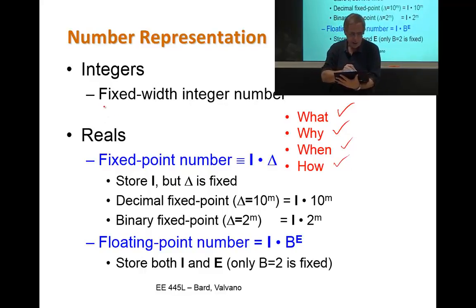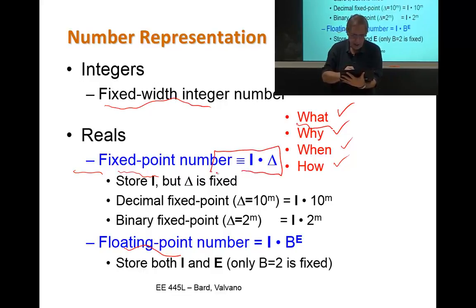As you know, integers are counting numbers, 1, 2, 3, 4. And whenever we want to represent something that's non-integer, we can do it two ways. We can represent it as a fixed point number or a floating point number. So what is a fixed point number? A fixed point number is the following equation.